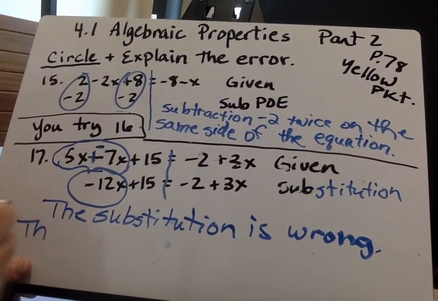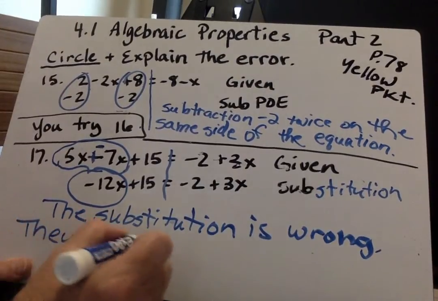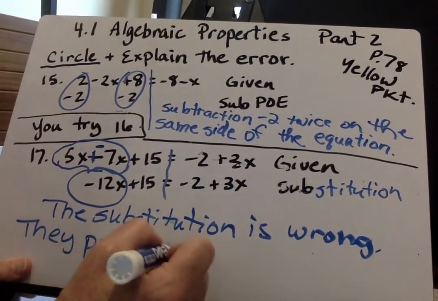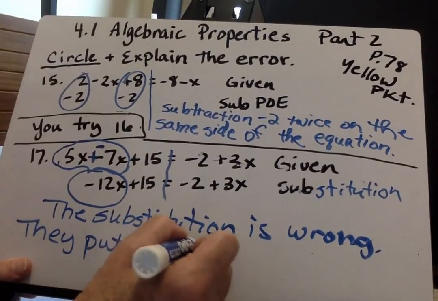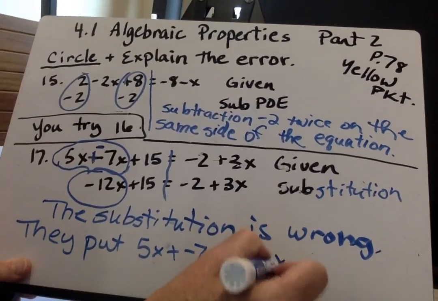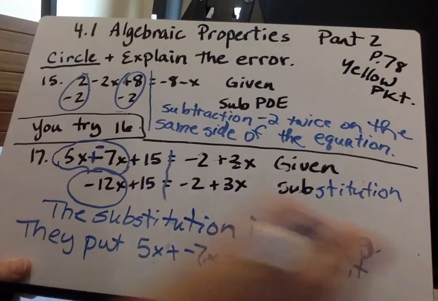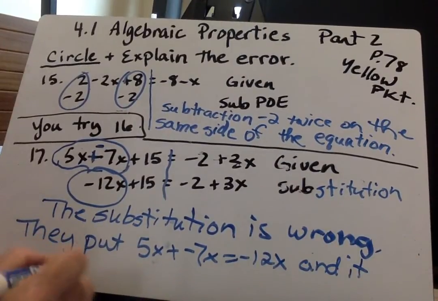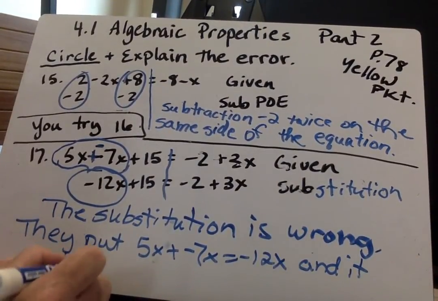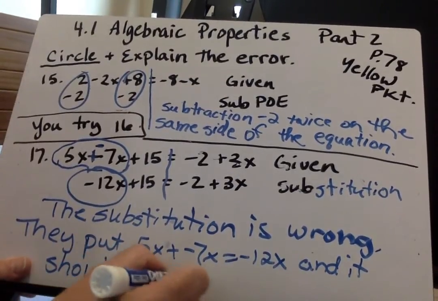They put 5x plus -7x equals -12x. And it should be, can you see that okay? -2x.